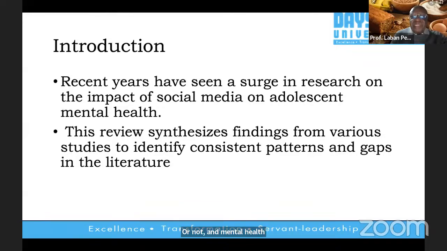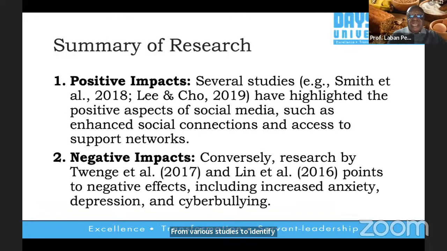This literature review synthesizes findings from various studies to identify consistent patterns and gaps in the literature. And this can be said of all our areas of endeavor. You synthesize the findings from various studies to identify consistent patterns and gaps. I'm just giving you an example.